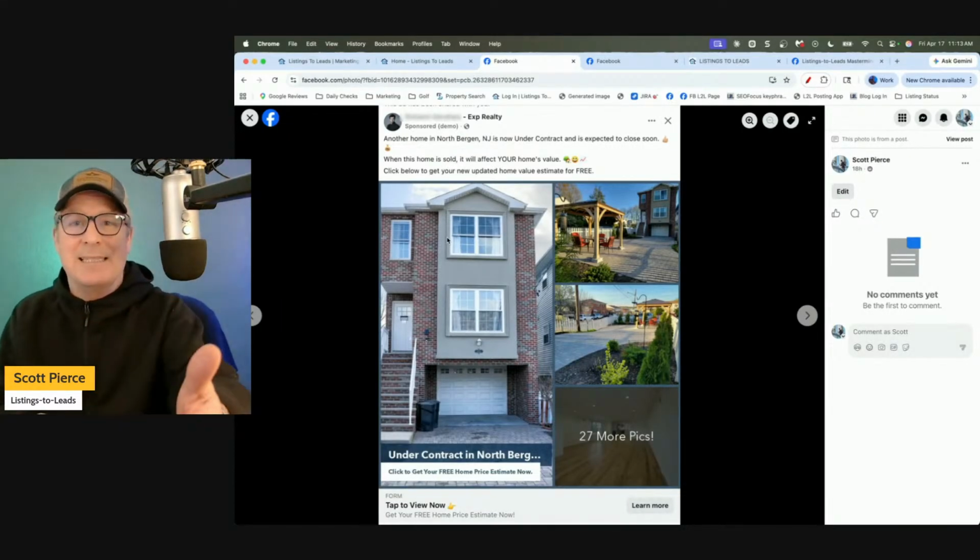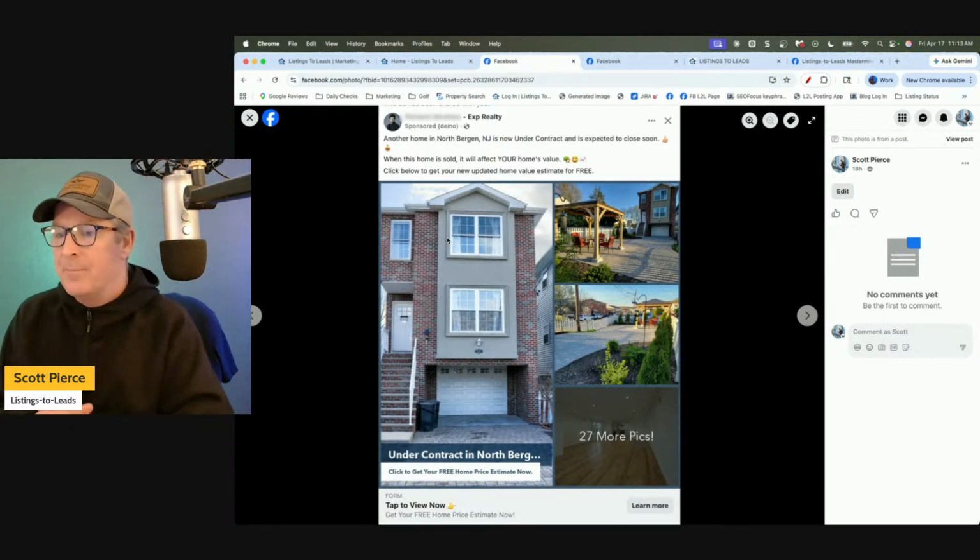And you can do this as a selling agent. So if you have a buyer in contract, if you got a seller in contract, and you could even fake. And when I say fake, what I mean is, because here's the deal, I'm not telling you which home. There's no home address here. Isn't there always another home in Bergen, New Jersey under contract?